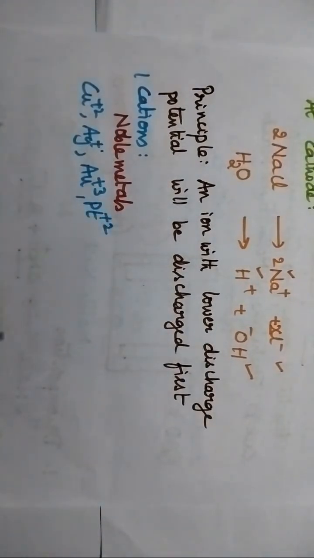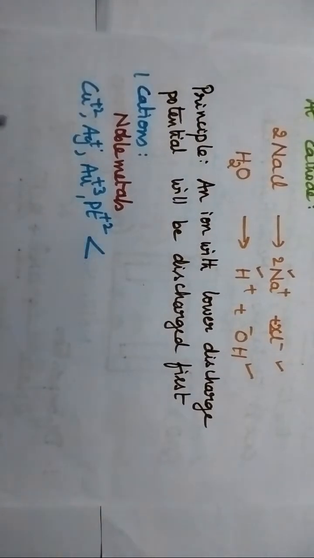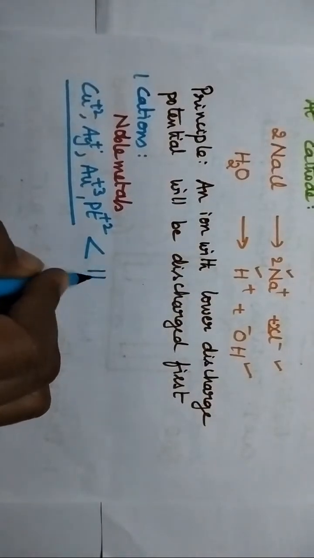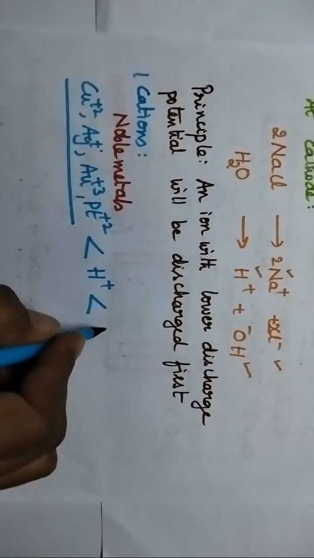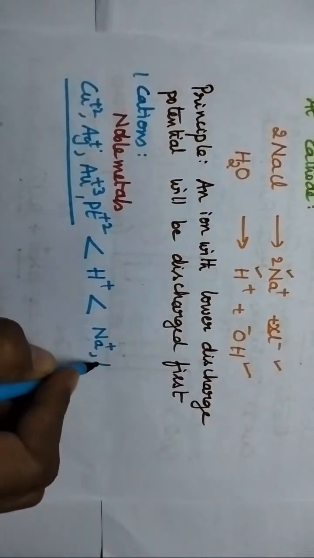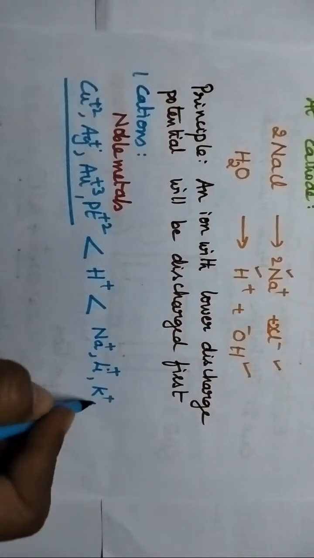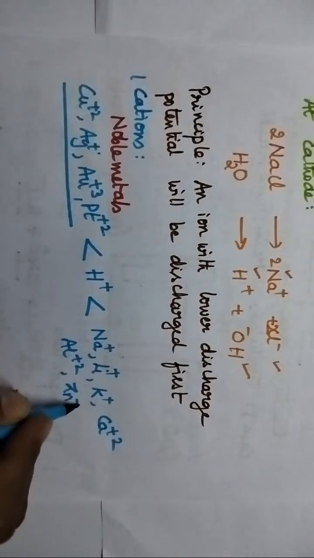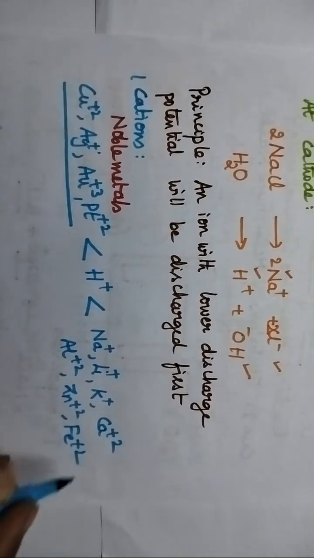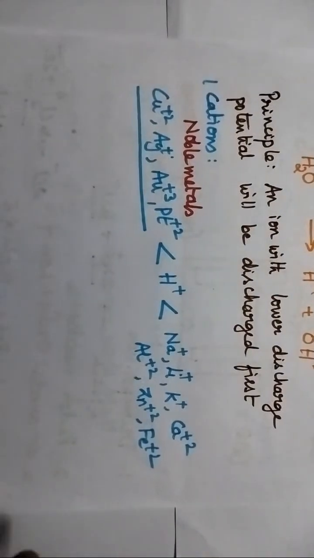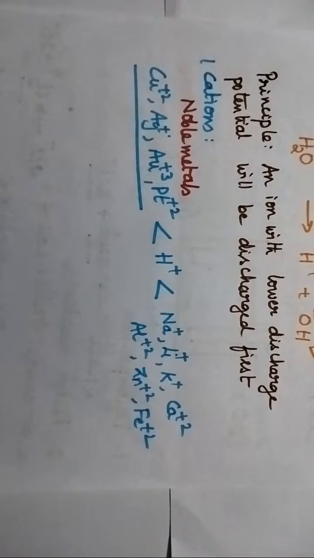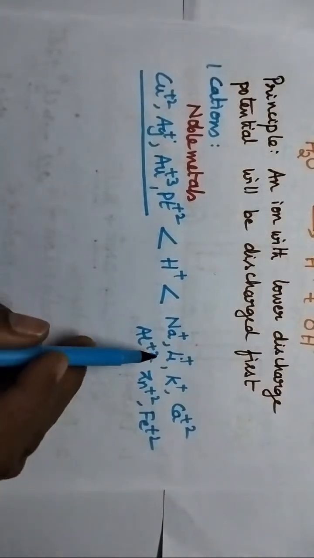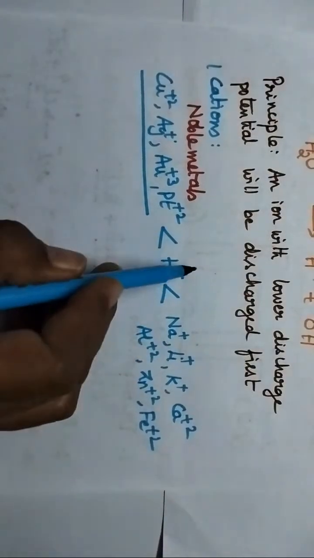These metals will discharge first, followed by H+ ions and then followed by the remaining cations. So in the case of cations, always remember that noble metals will be discharged first. When you compare with other metals, H+ ions will be discharged first.